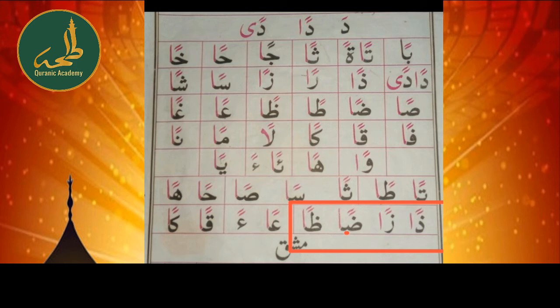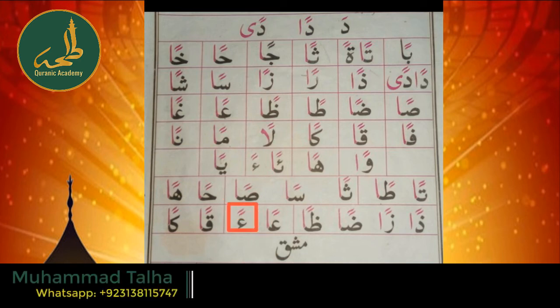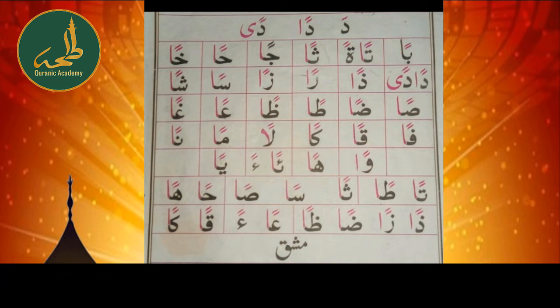Dwa do zabar don. Va do zabar van. Ain do zabar an. Hamza do zabar an. Qaf do zabar qan. Kaf do zabar kan.